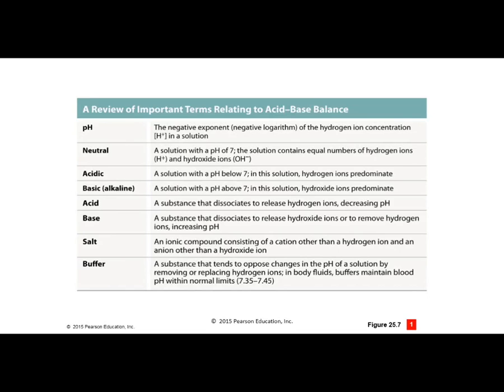So the more hydrogen ion there is around, the lower the pH, the more acidic something is. The less hydrogen around, the more alkaline or basic something can be. And a salt is something that does not give off a hydrogen, like sodium chloride. Sodium chloride is a salt. And a buffer is a substance that tends to oppose the change of the pH.